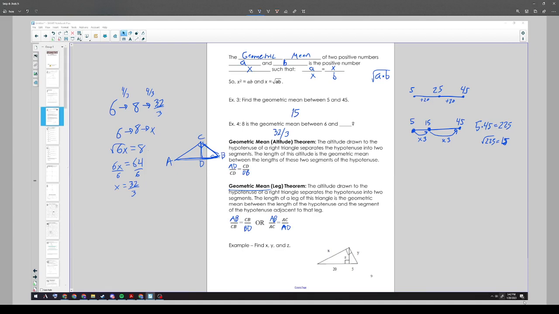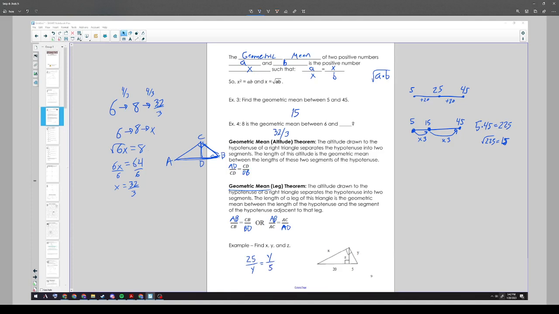So we want to find x, y, and z. We know the hypotenuse, and we know the short leg of this smallest triangle. So my proportion is going to be 25 over y, because I'm going from hypotenuse to shortest side, is equal to the shortest side of this same triangle with the hypotenuse of this smallest triangle, which is y over 5.